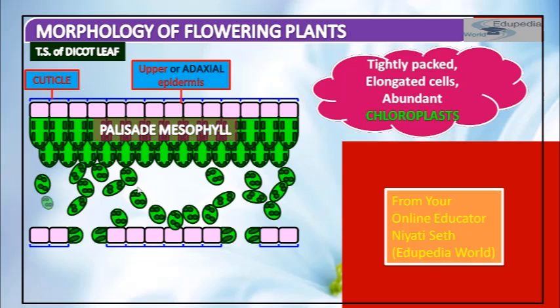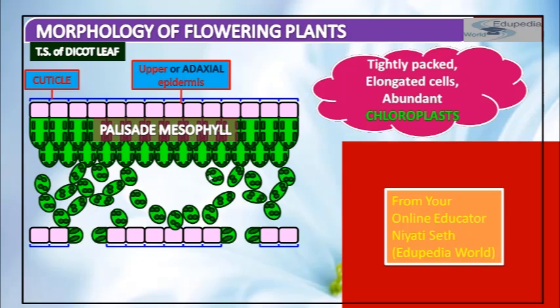Students, please note that the spongy parenchyma is composed of few layers of loosely arranged spherical or oval parenchyma cells with prominent intercellular spaces. Can you see the intercellular spaces? Yes, intercellular spaces are there.